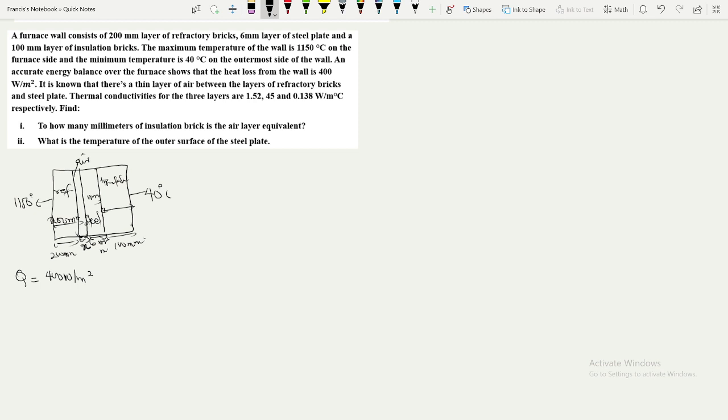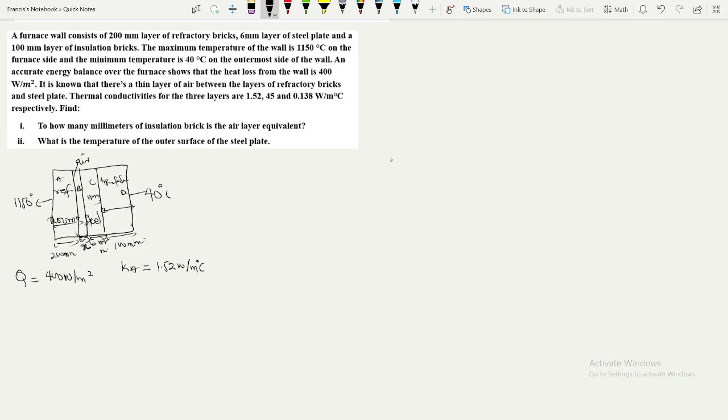Thermal conductivities for the three layers are, so let's call this A, B, C, and D. So for the A, thermal conductivity of the refractory brick is 1.52 watt per meter degree Celsius. And then the three layers are refractory bricks, our steel plate, and then our insulation.